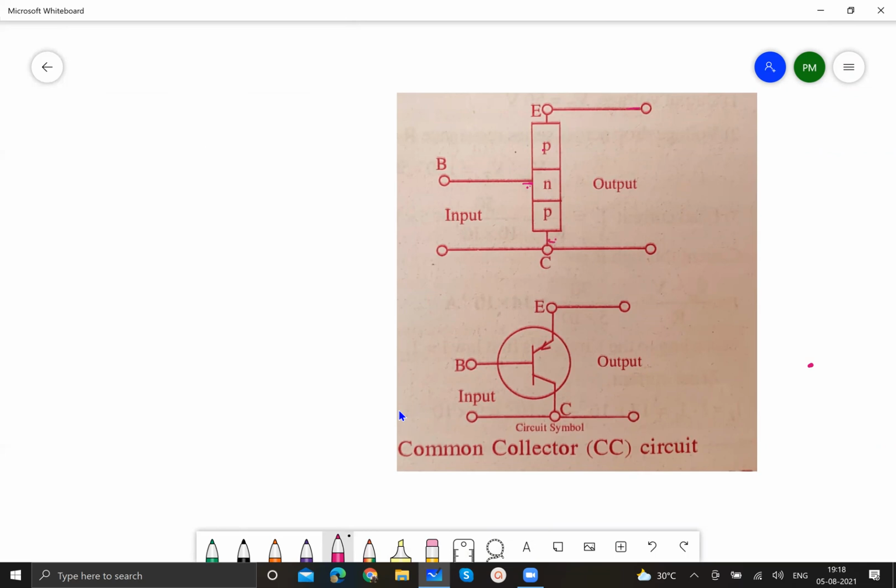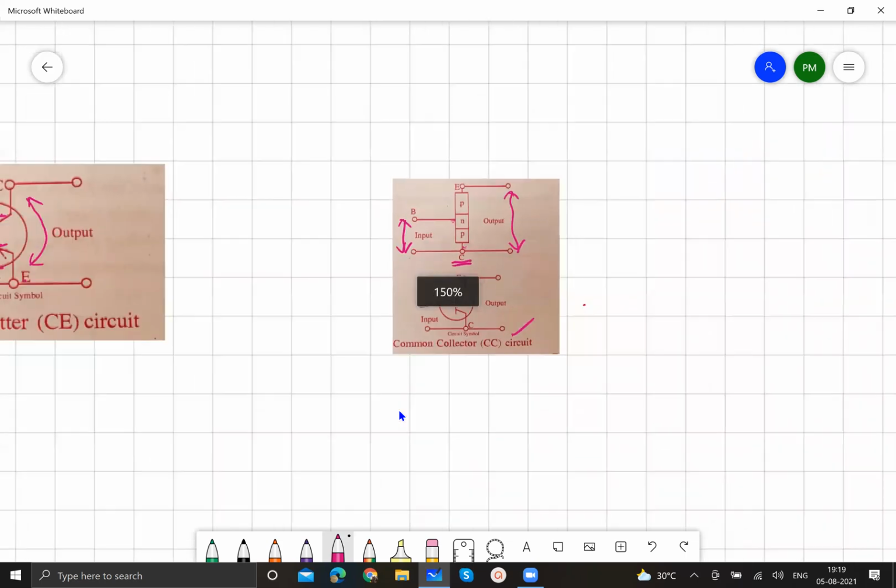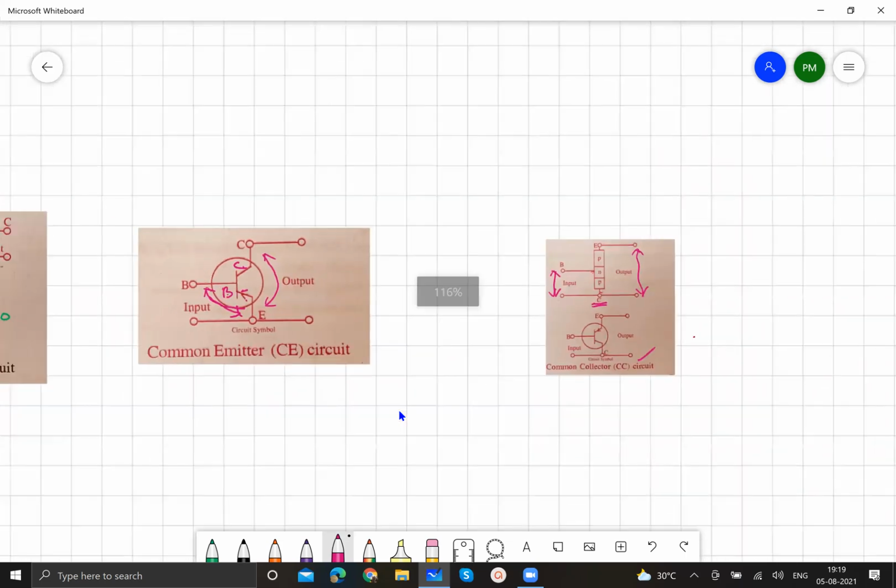This is collector. So input is applied across base and collector. Output is appearing across emitter and collector. So collector is common to both input and output circuits. Hence, this is called, tell me, common collector. Common collector.